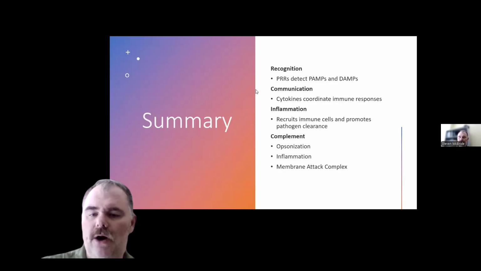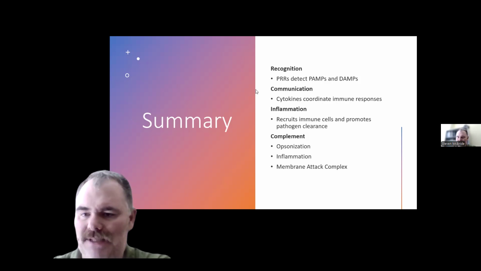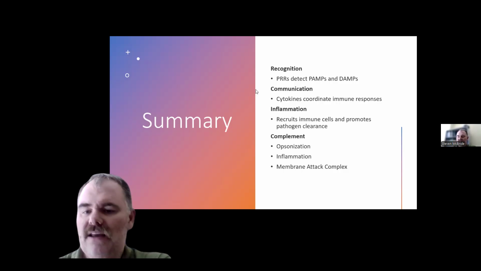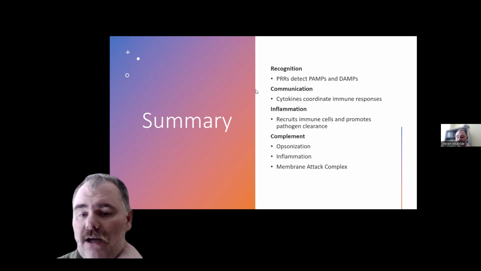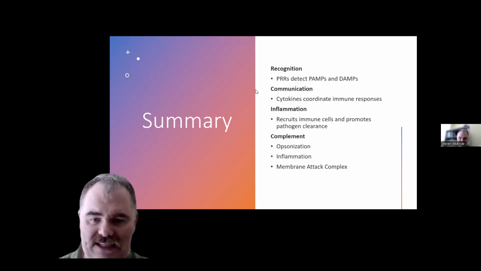All right. So, in summary, innate immune cells recognize pathogens and tissue damage through pattern recognition receptors that detect PAMPs and DAMPs. Once activated, these cells release cytokines that coordinate immune responses and recruit additional immune cells. These signals trigger inflammation, which helps concentrate immune defenses at sites of infection.